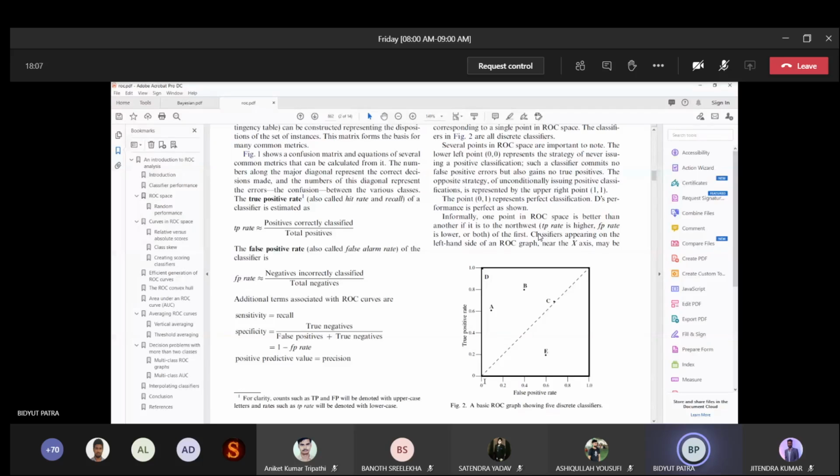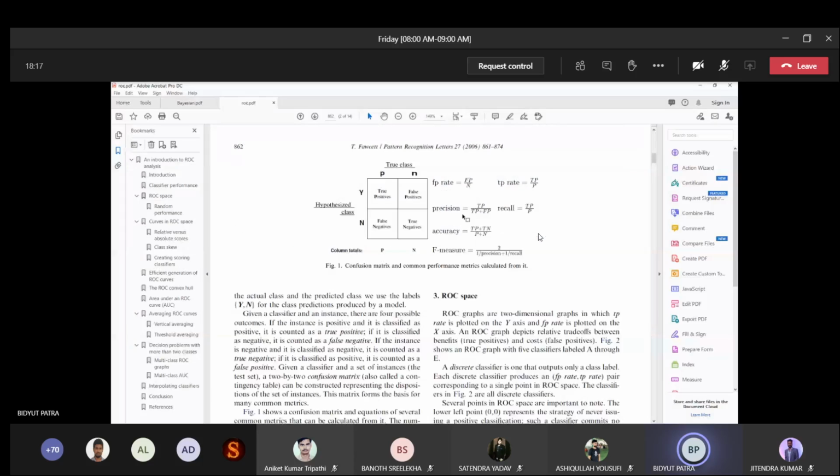Now consider (1,0). What is (1,0)? That means true positive is 0 here. And what should be the value of the false positive rate? It is FP divided by all negative samples.